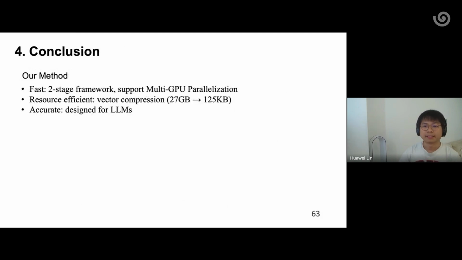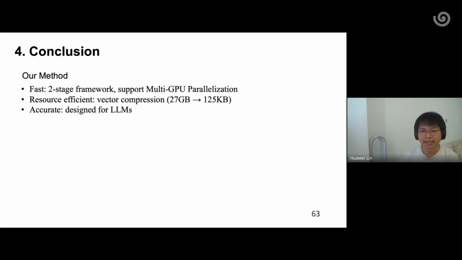So in conclusion, our method is faster than the previous methods in large language models without any out of memory issues. Our method is resource efficient because we compress the vector into low dimensions.